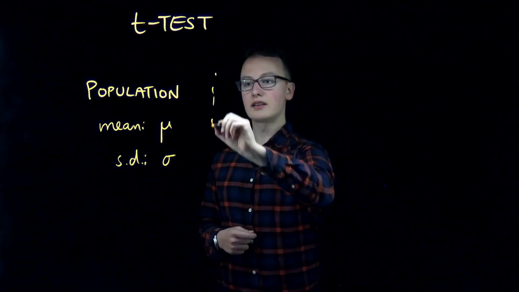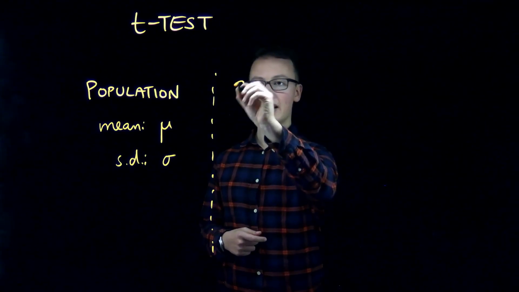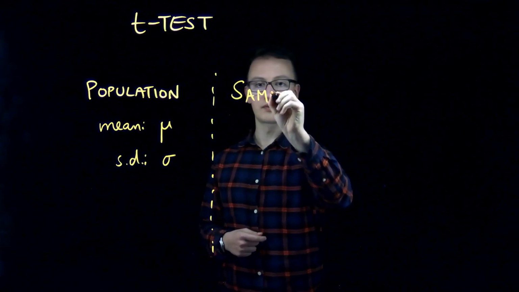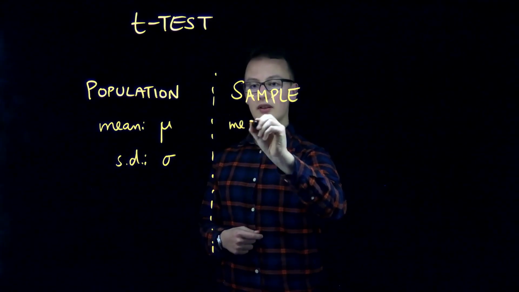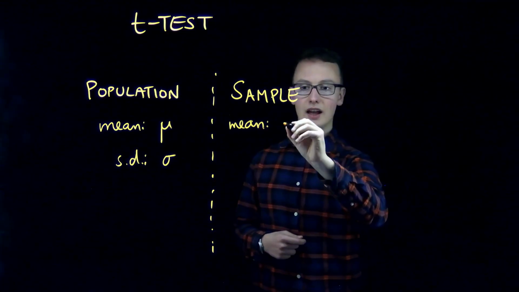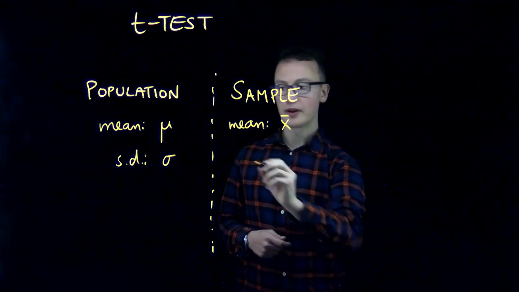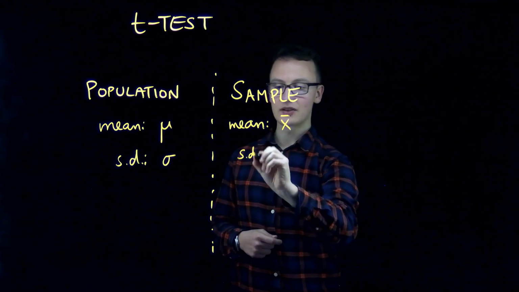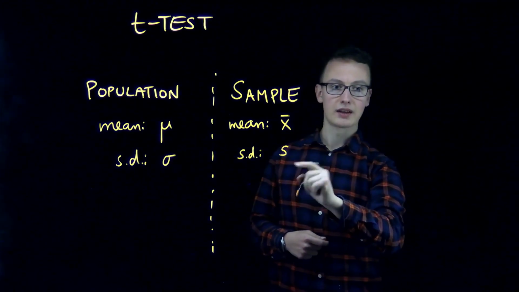On the other hand, we have related parameters for the actual sample that we have available. For the sample, the mean is typically denoted as x bar, the small x with the bar on top, and the sample standard deviation is denoted as s, small s.